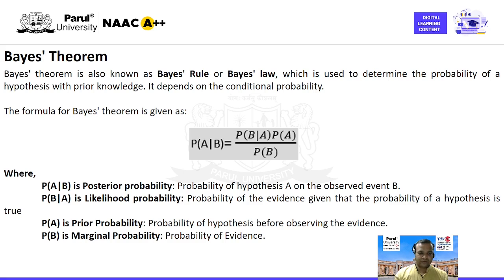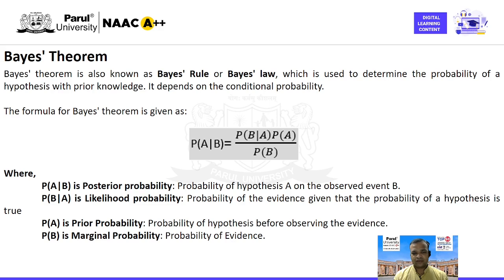Bayes theorem is also known as Bayes rule or Bayes law, and it is used to determine the probability of a hypothesis based on prior knowledge. It depends on conditional probability. The formula for Bayes theorem is given here.